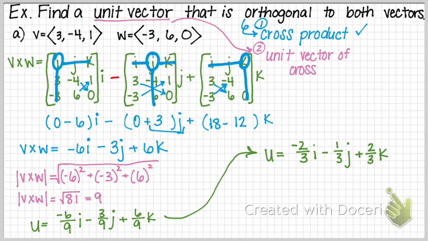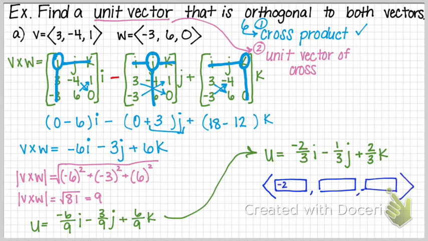In Canvas, the way that I'll want you to put this, there will be a component form with 3 blanks. So the first one will say -2 over 3. The next one will say -1 over 3. The next one will say 2 over 3. That's how I would want it in Canvas.